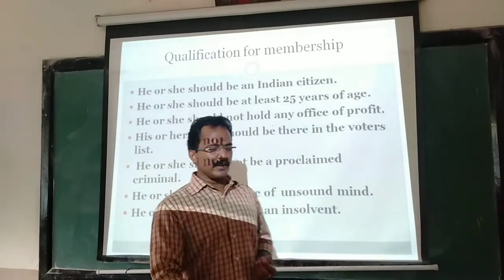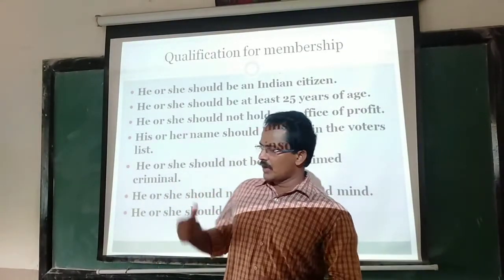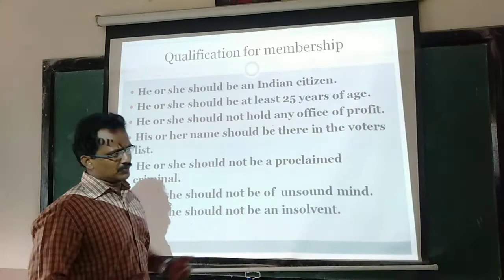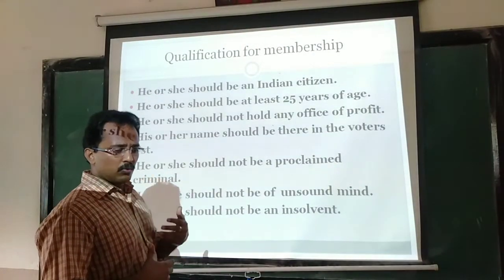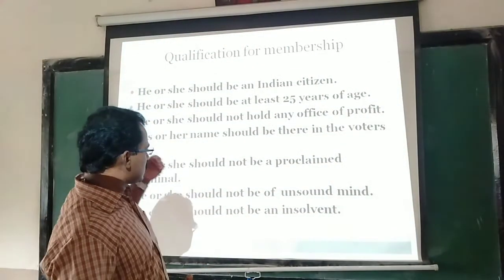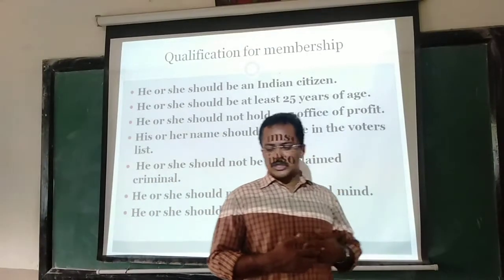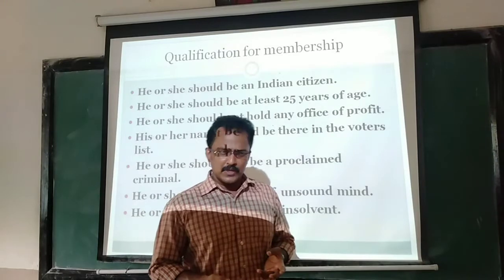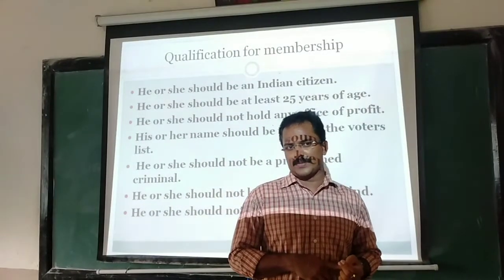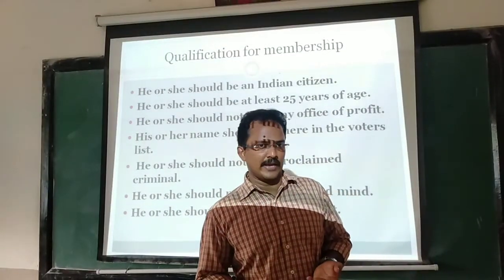One small topic is there regarding the vacation of seats. How or when does the seat of Lok Sabha fall vacant? There are some points you have to remember. First one, due to the death of a member, a seat falls vacant.